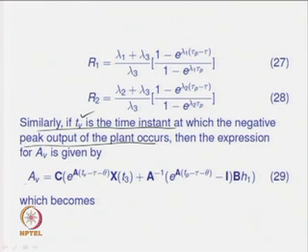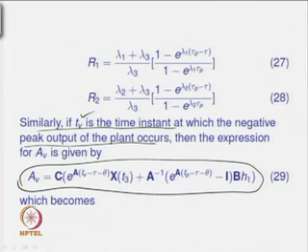Then the correct expression for Av will be Av is equal to C times e to the power A (Tv minus tau minus theta) times x(t3) plus A inverse e to the power A (Tv minus tau minus theta) minus I times B H1. As I had said earlier, the input to the system is plus H1 now. So, we have got H1 in the expression 29.